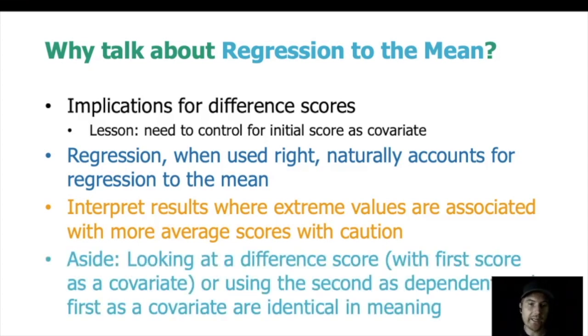An aside: looking at a difference score with the first score as a covariate, so looking at how much they improved from pretest to post-test as the outcome and controlling for pretest, or using the post-test as the dependent variable or outcome and controlling for pretest, they're actually identical in meaning.